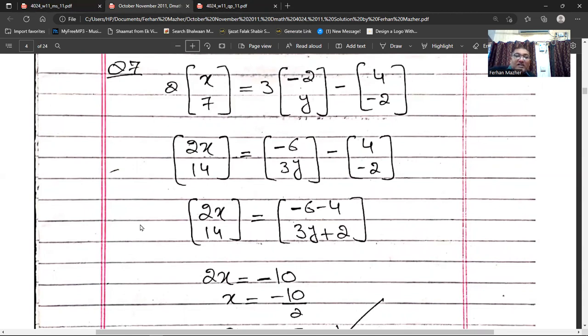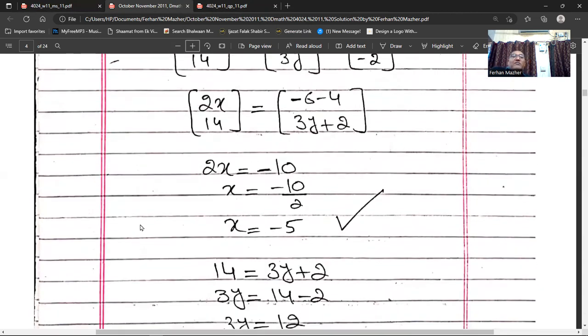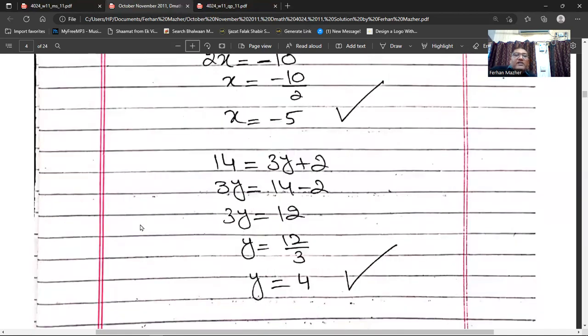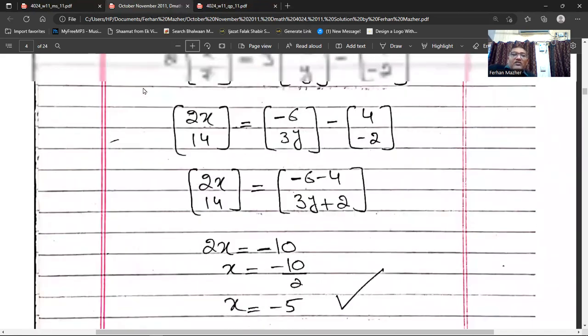So you will have 2x equals minus 10, so x equals minus 10 by 2, so x equals minus 5. Then you have 14 equals 3y plus 2, so 3y equals 14 minus 2, 3y equals 12, so y equals 12 divided by 3, and y is 4. So this is how you will do this question.